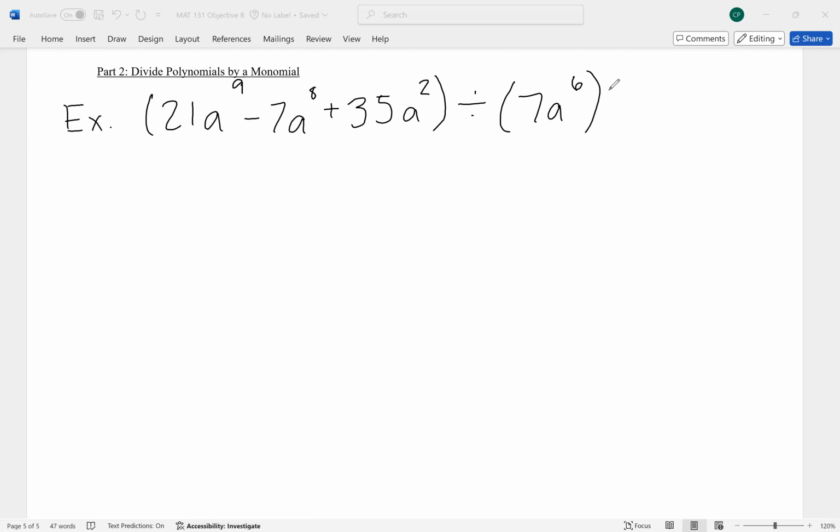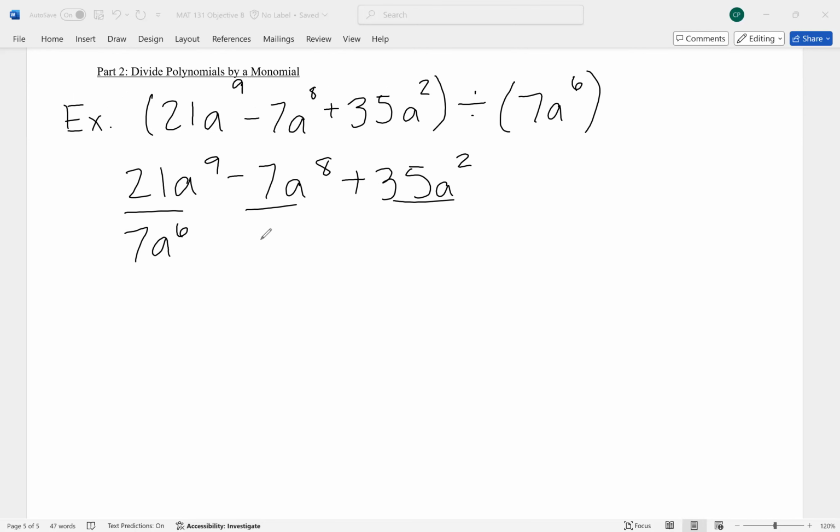And so you have to know that you are being asked to divide, to do what we just did. Write all this out and then divide each one of them by 7a to the 6th. Okay? And again, we want to follow our rules.